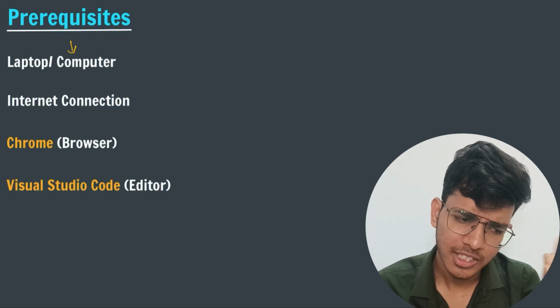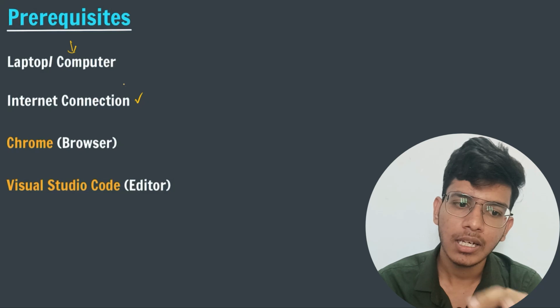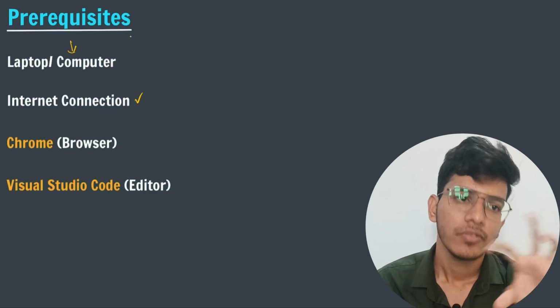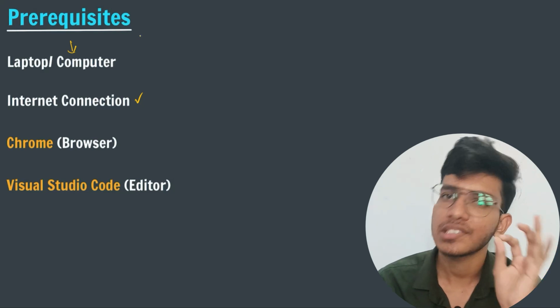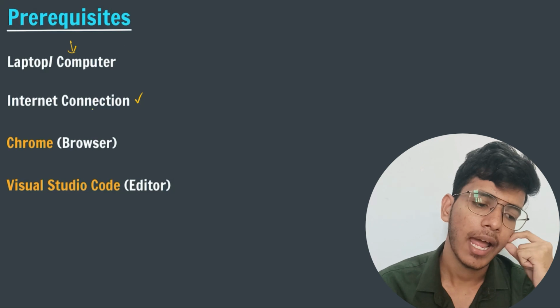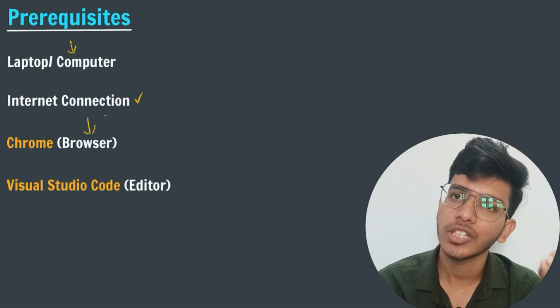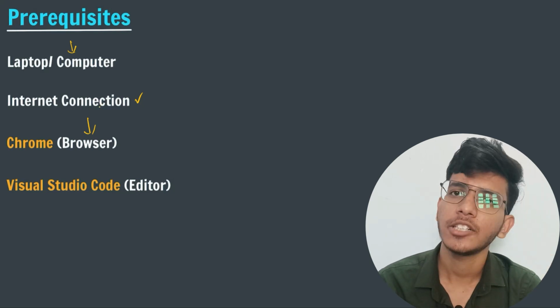So the first thing is a laptop, and the second thing is an internet connection. We are gonna install some packages and some code editors on our computer, so you should have an internet connection and a browser. In the browser only we are building the web, our website for the internet.